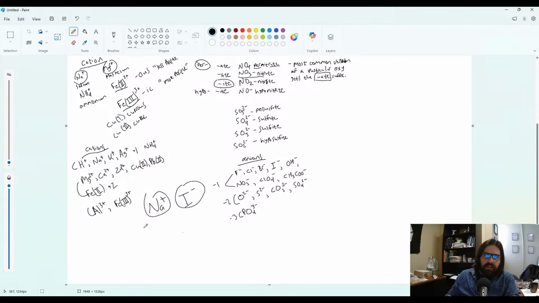That's not too bad. If I had something like this, I would have iron 2 sulfate. That's not too bad. If I had something like this, this is +6, this is -6. I would have aluminum oxide.